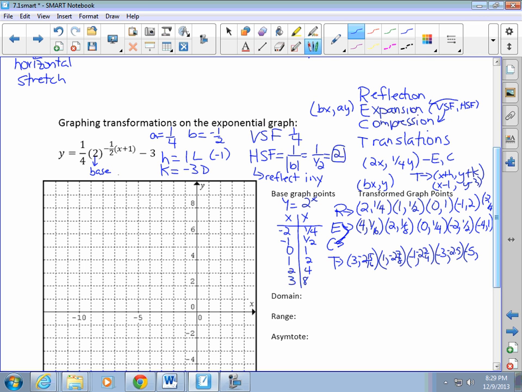And 1 minus 3 is -2. I didn't do the 3 and 8 just room-wise. You'll still be able to get the idea of what this graph is.